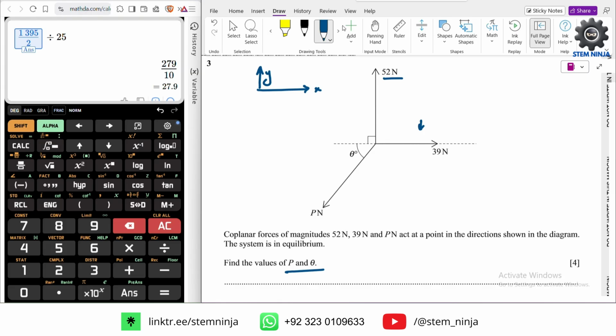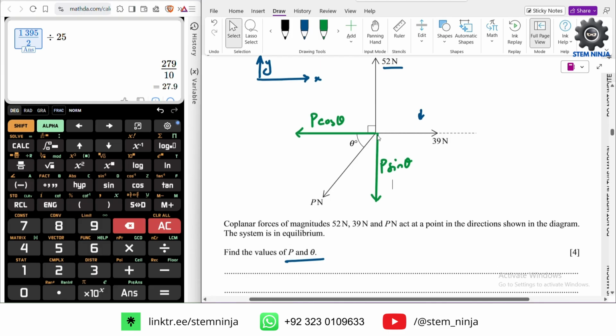So basically what we can do first is resolve p into forces parallel to 52 and 39. So this would be p cos theta, and this would be p sine theta.